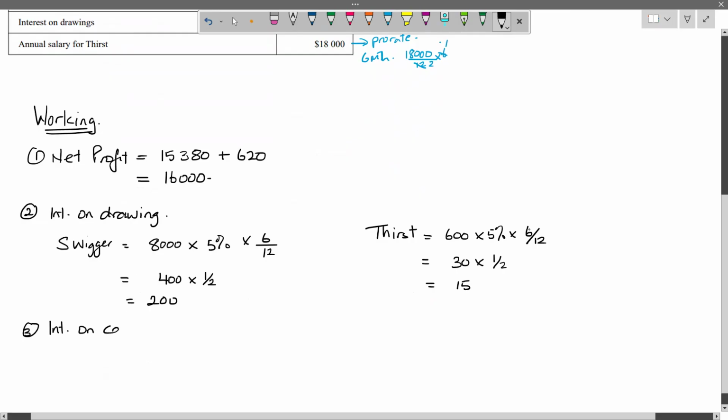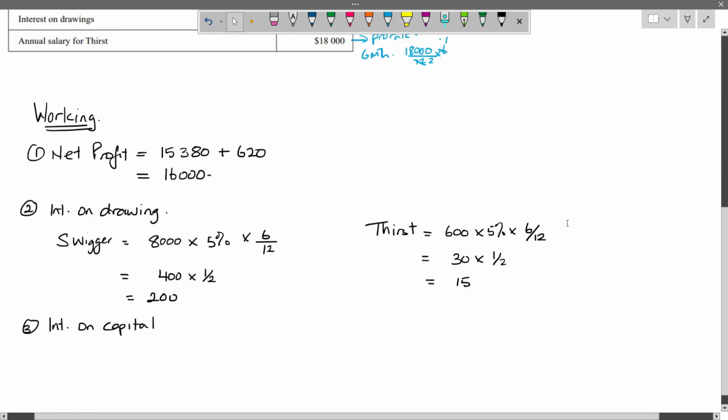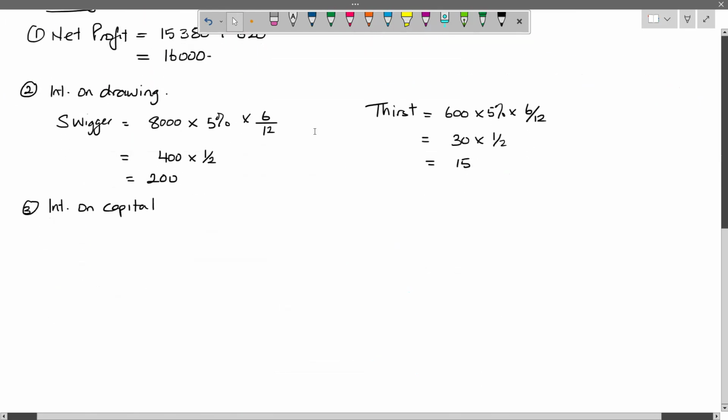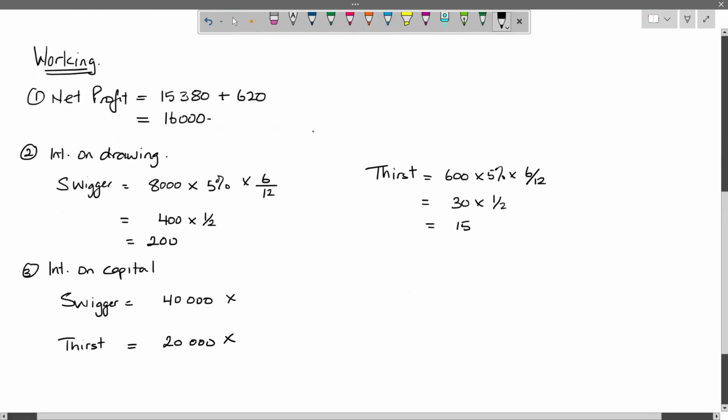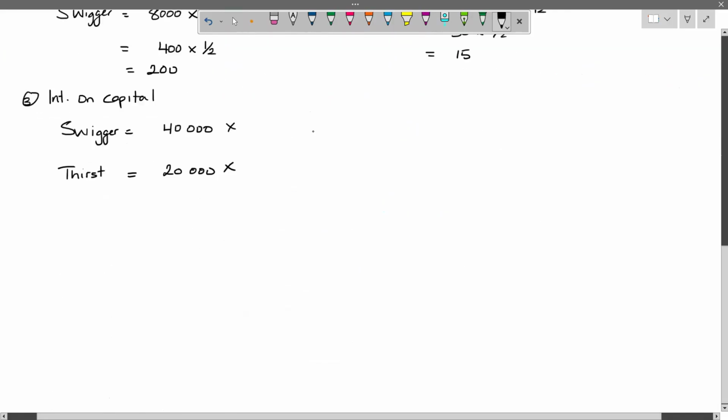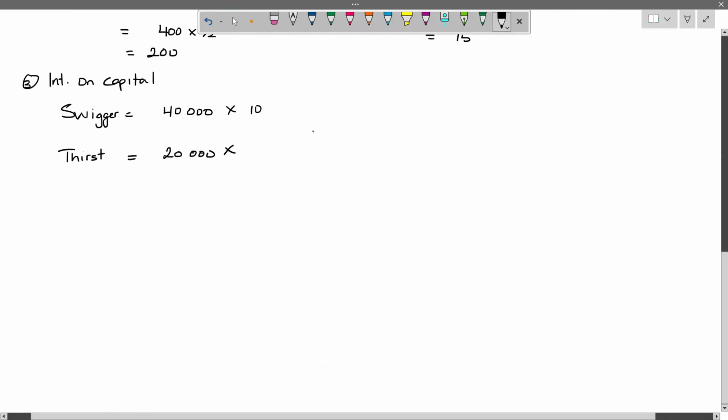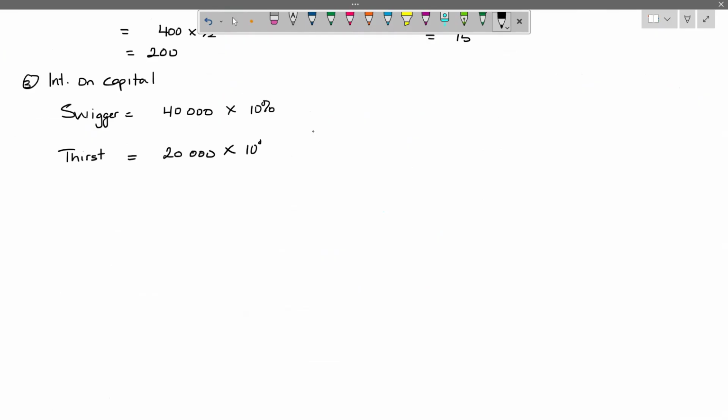Interest on capital. So remember, the capital amount was 60,000 in total, 40,000 by Swigger, and this was 20,000. And we're doing interest at 10% per annum, but we have to do it for half a year.